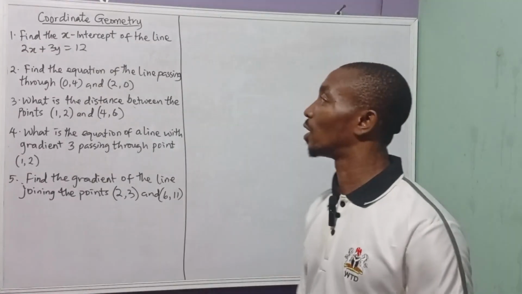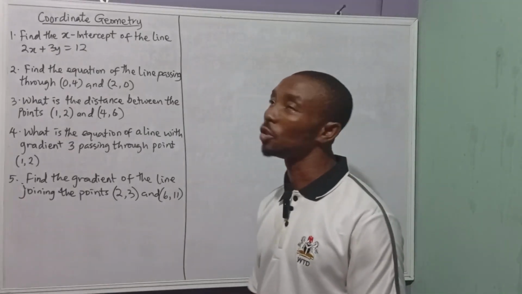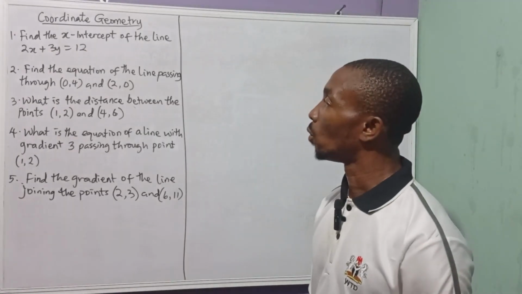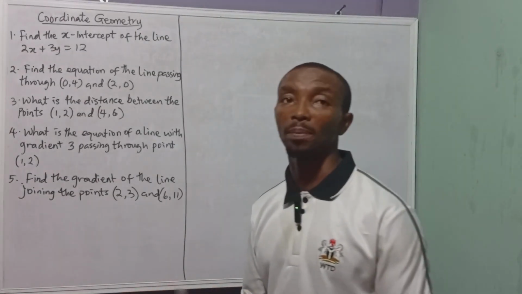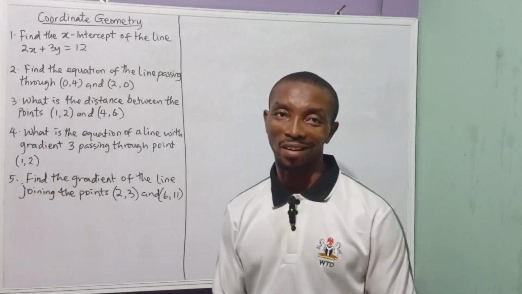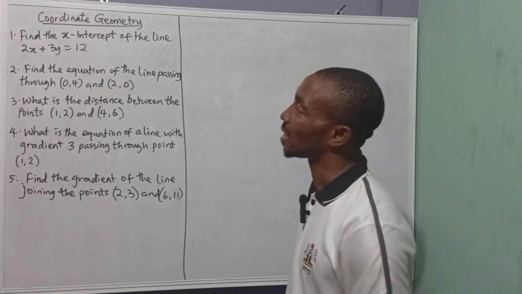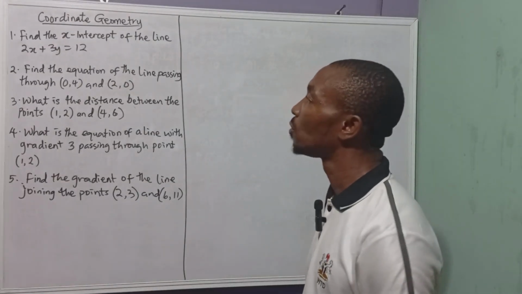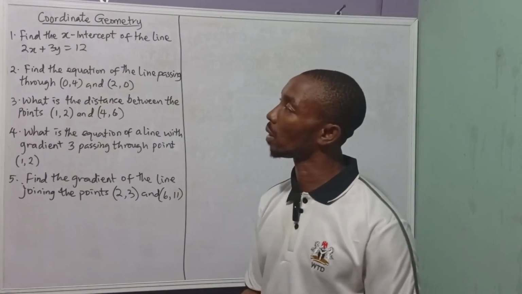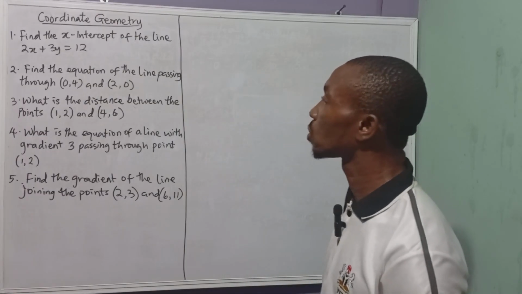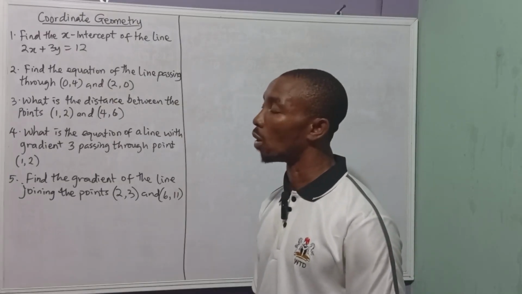Our next set of questions is on coordinate geometry, with chances of about 15% for our forthcoming exams. Now, it says, find the x-intercept of the line 2x plus 3y equals 12.